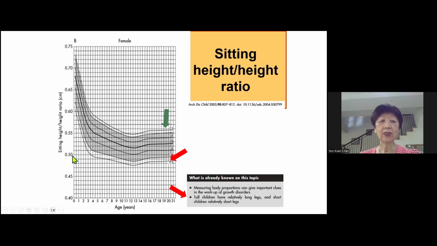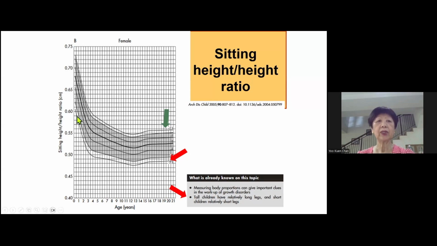So what I want all of you to understand is your sitting height against the total height itself, as you progress from infancy to teenage as well as to adult. You will find that the ratio actually decreases. The sitting height becomes less and less of the total height.